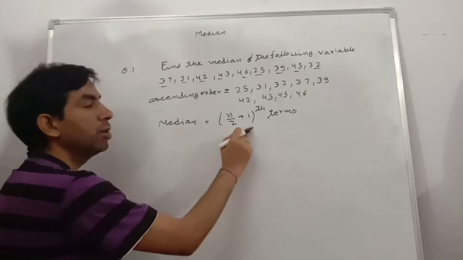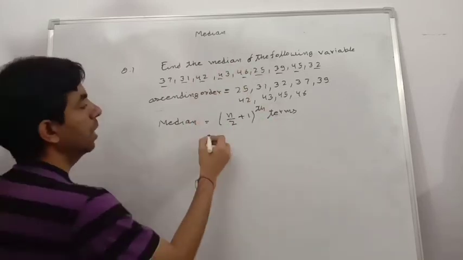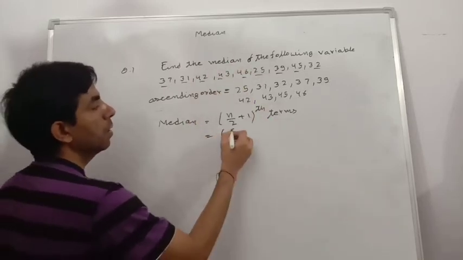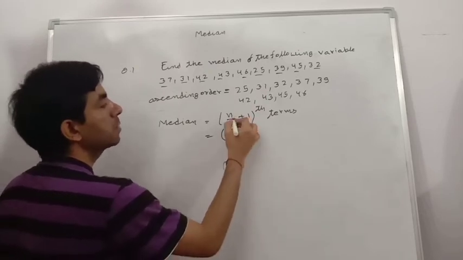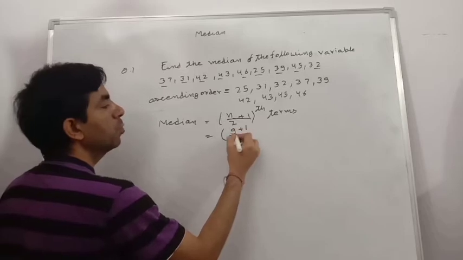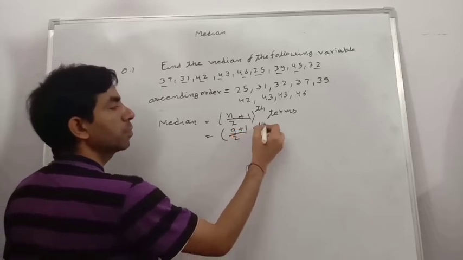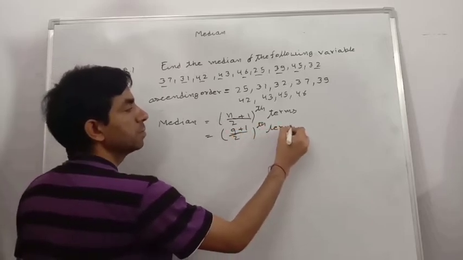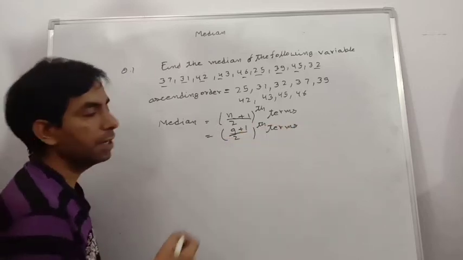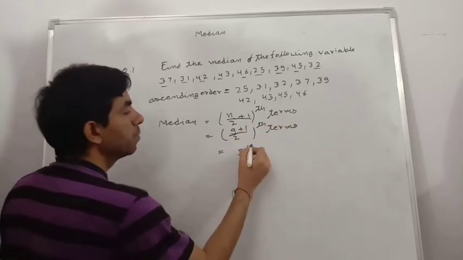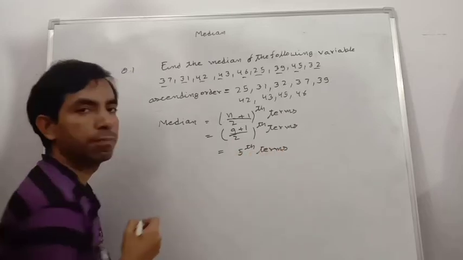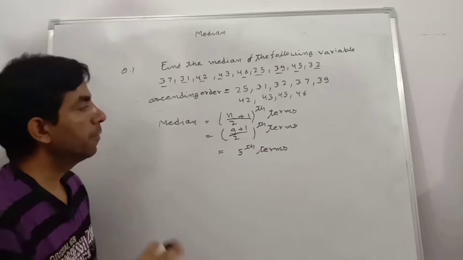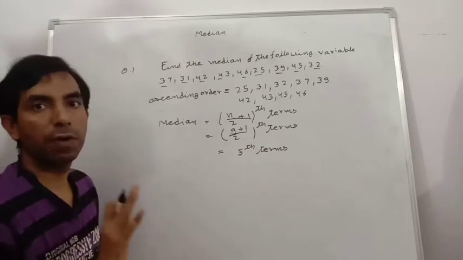It is not a value, it is the term. So write it: total number of terms is 9, so (9 plus 1) upon 2 th term. 9 plus 1 is 10, so the fifth term is our answer.